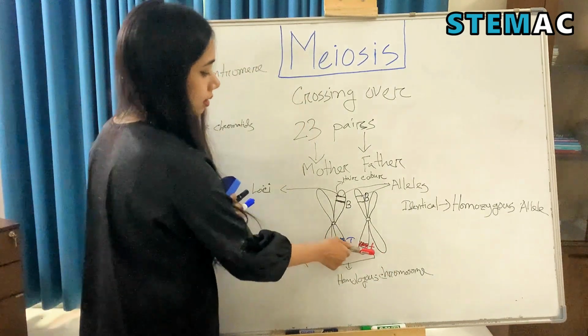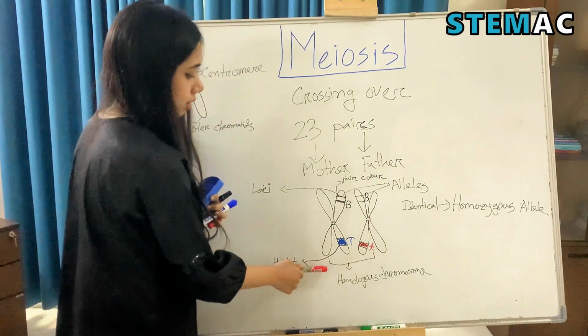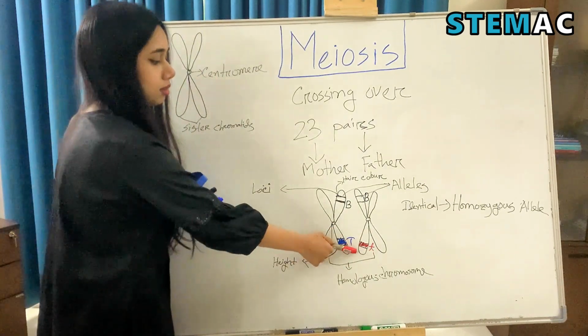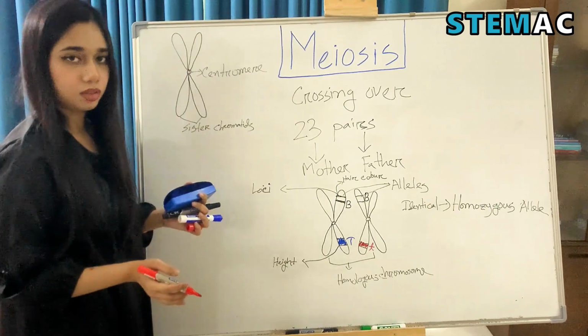Now we can see that these two alleles for height are not identical.